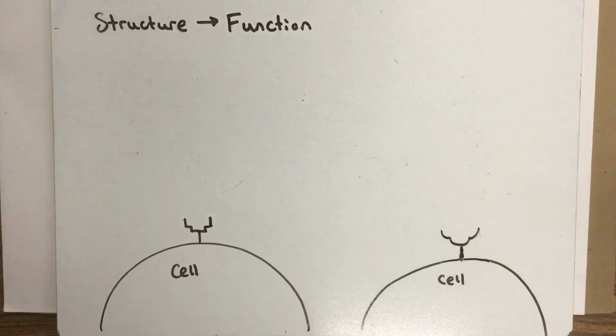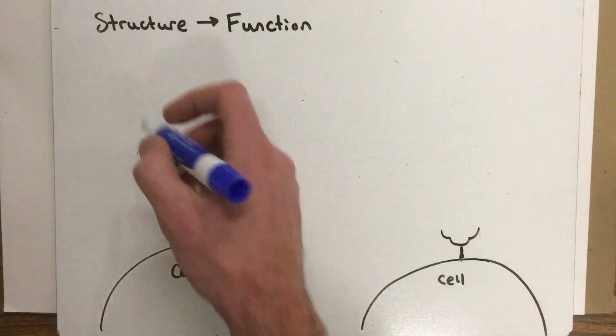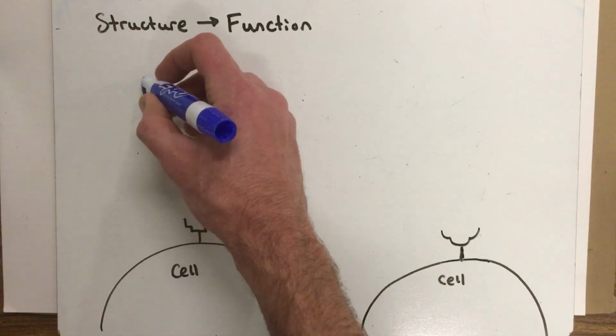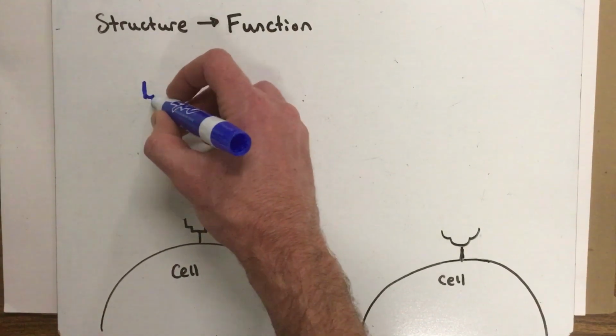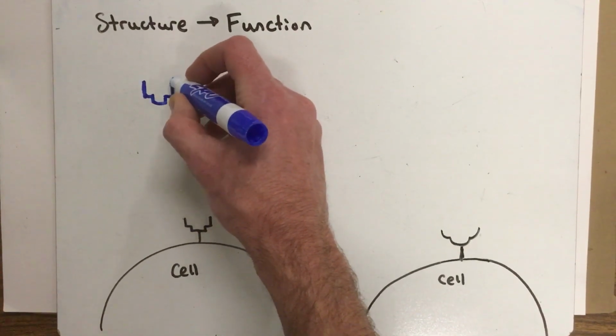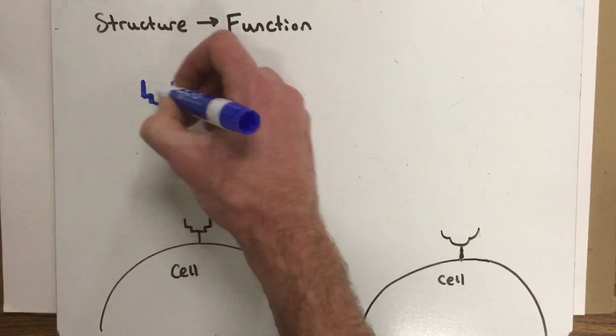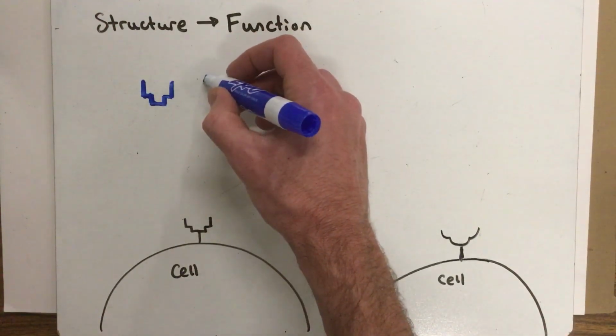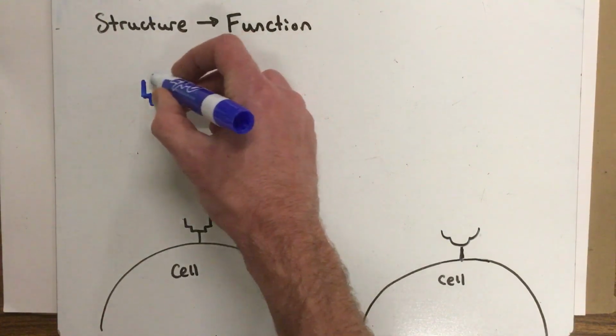So, for example, if I have this molecule right here, try to draw those edges kind of sharp, and this molecule right here, I'll just draw this.